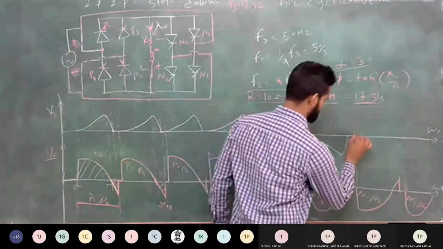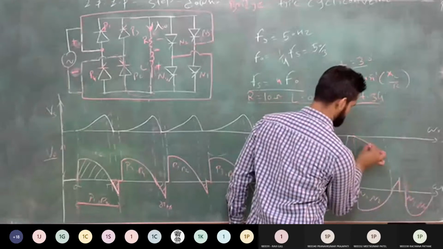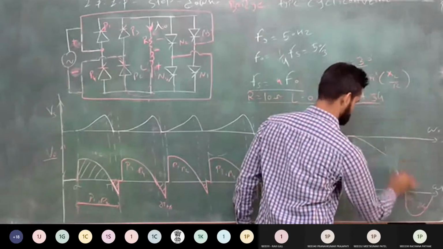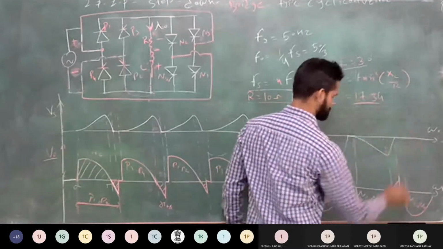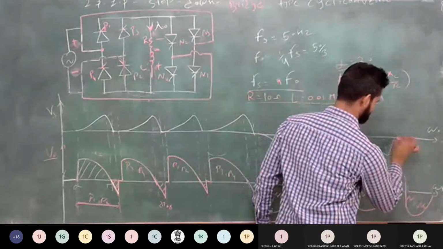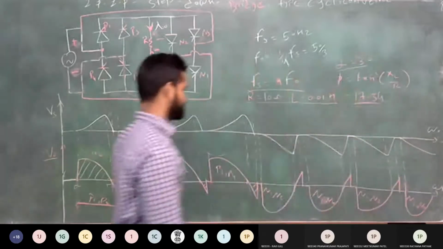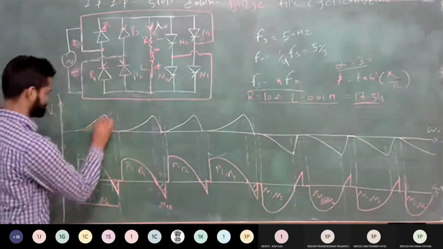Again N1 N2 is conducting, again you get the negative current, discharging to 0, again increasing. So this is the waveform of load current.